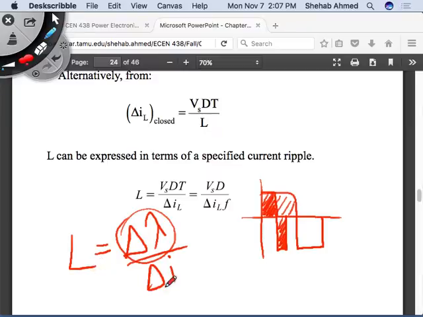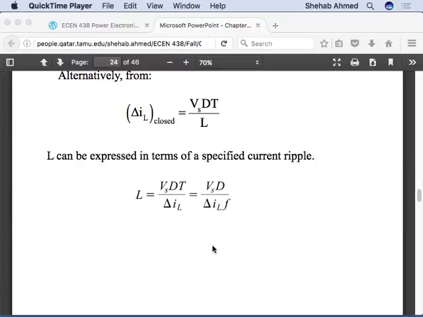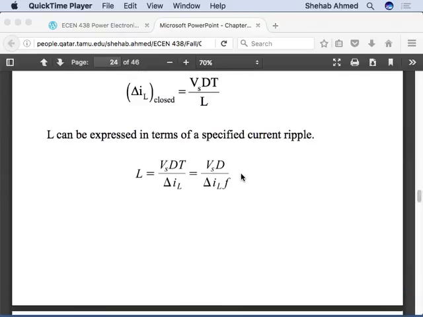If you want to maintain the same ripple spec, and you're able to increase switching frequency, automatically your delta lambda will become smaller, and delta lambda is proportional to L. So larger frequency, smaller L for the same ripple. That's this equation. So from the curves you can do it without any equations at all.